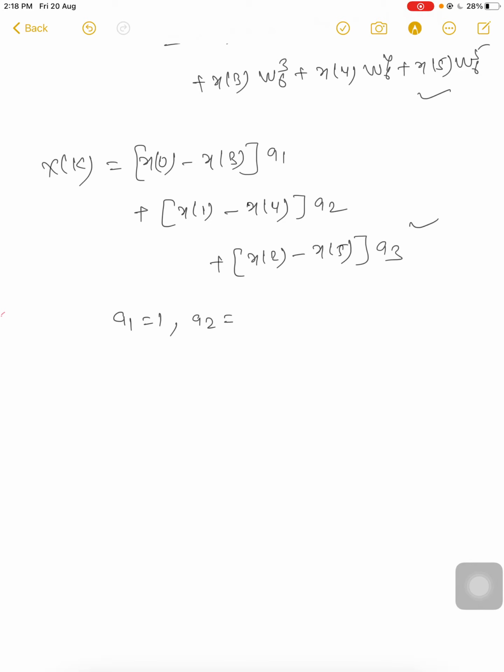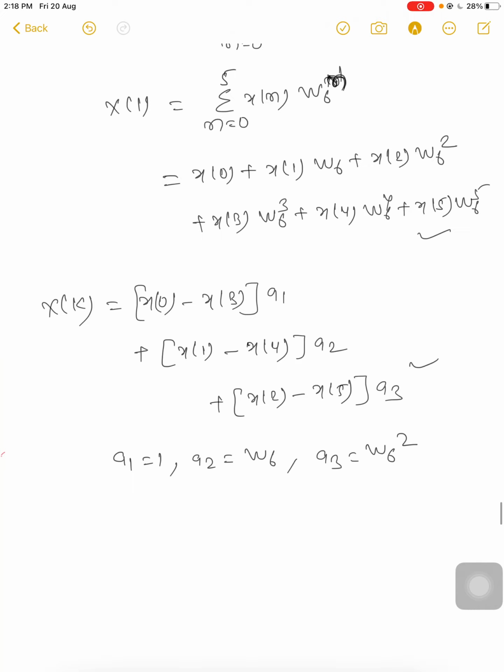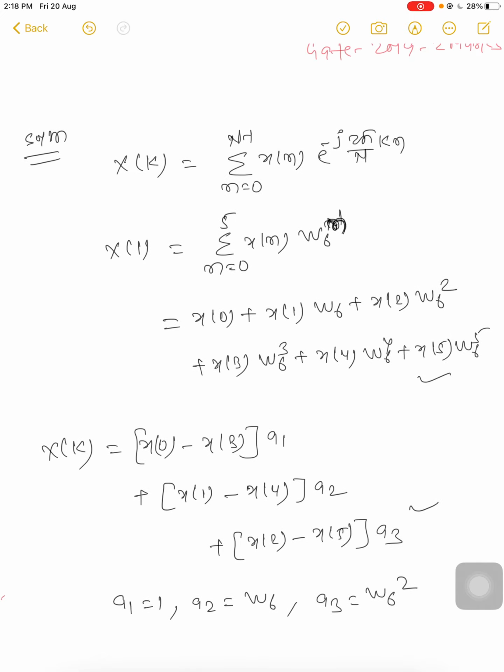Comparing with the above equation, you will get a1 equal to 1, a2 equal to W6, and a3 equal to W6 squared. You can compare it and you will get the same thing.